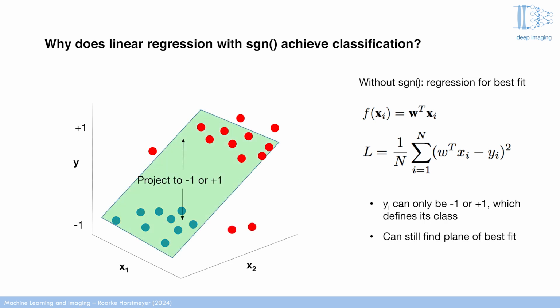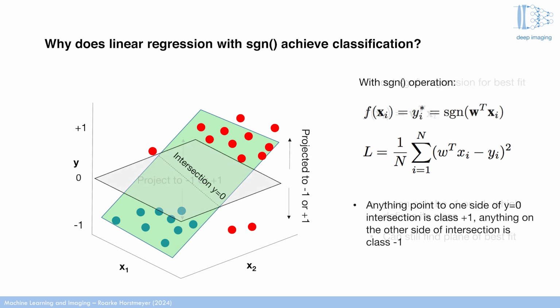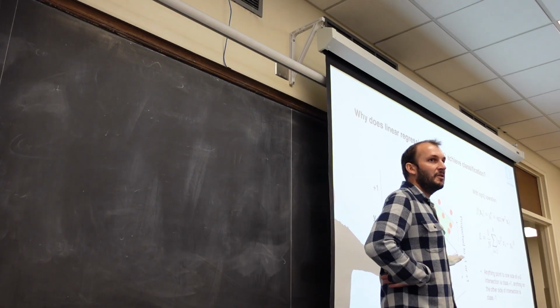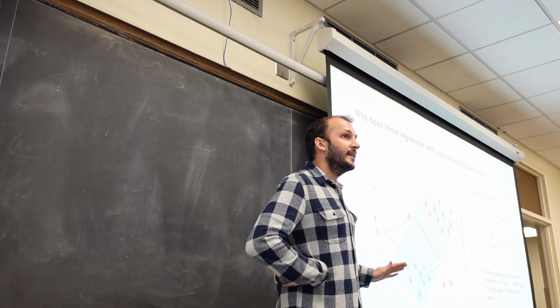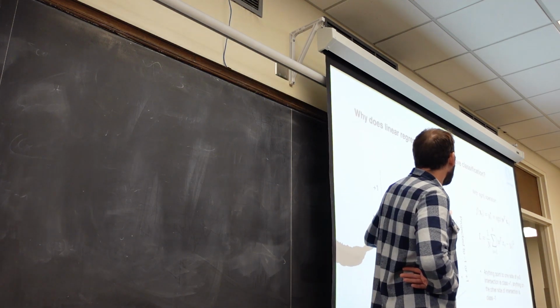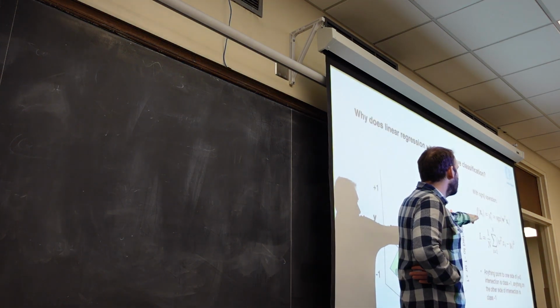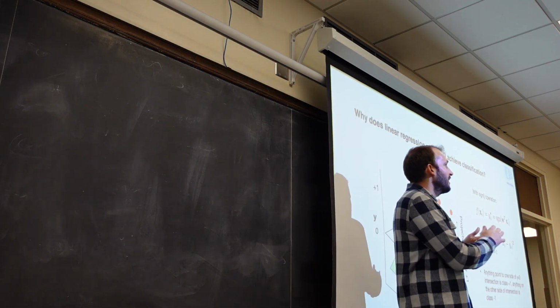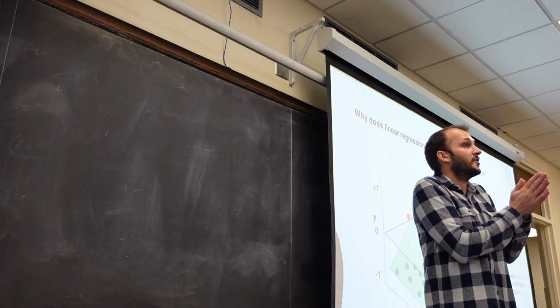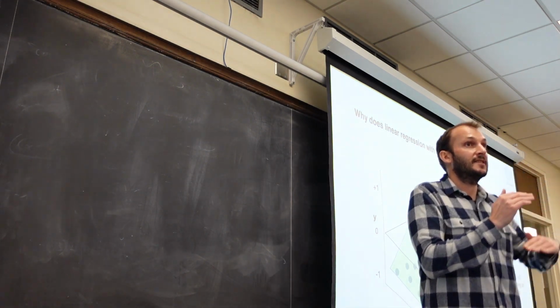So you're still trying to find this plane, and that's still possible. But really what you're interested in, because we're applying this sign operator, is the intersection of this plane of best fit with the y=0 axis, right? Because what we're really trying to figure out is when that inner product w transpose x is going to be greater than 0 or less than 0.